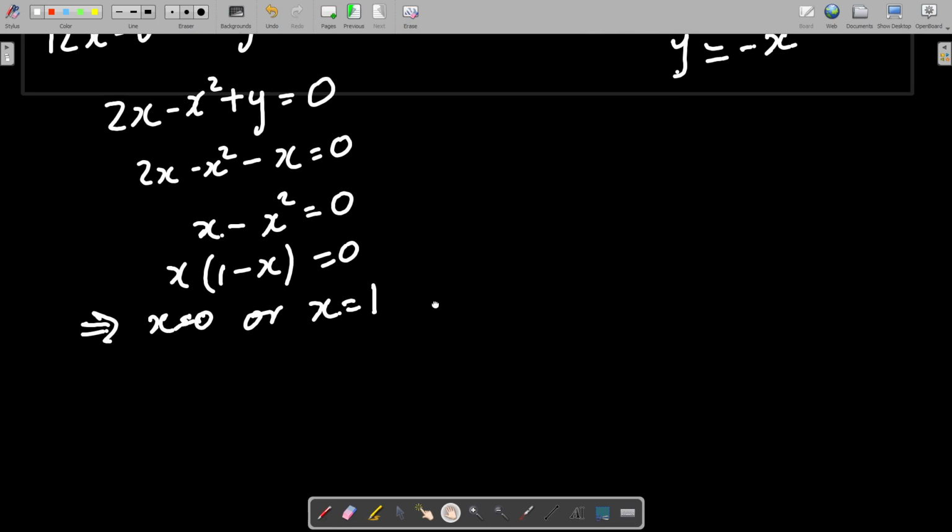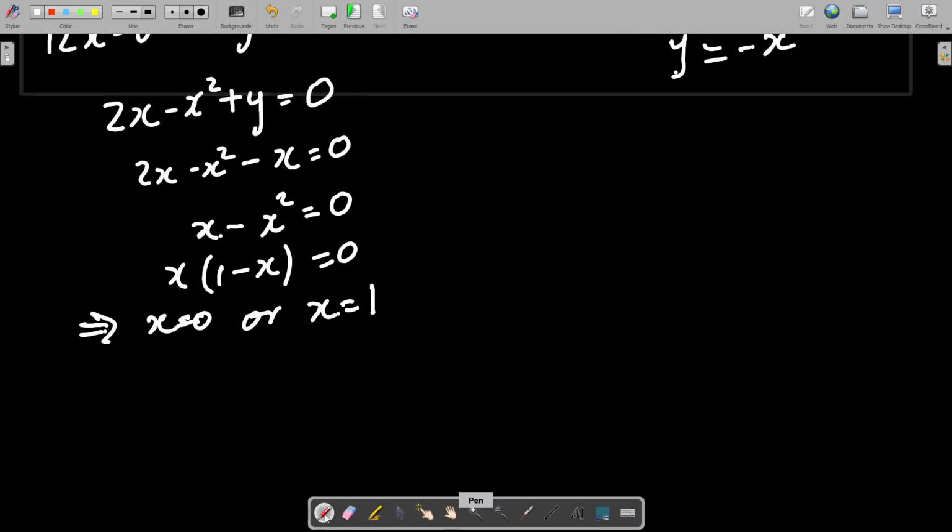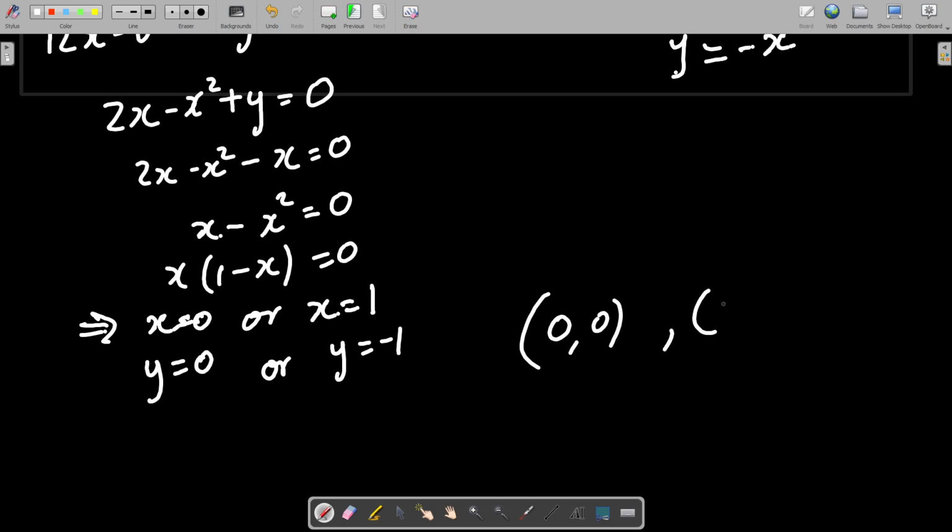Now if x is 0, what should be the corresponding y value? The y value will also turn out to be minus 0, that is 0 only, or here it will become y equal to minus 1. So what are the critical points you got? 0, 0 and 1, minus 1. Okay, so you have found two critical points.